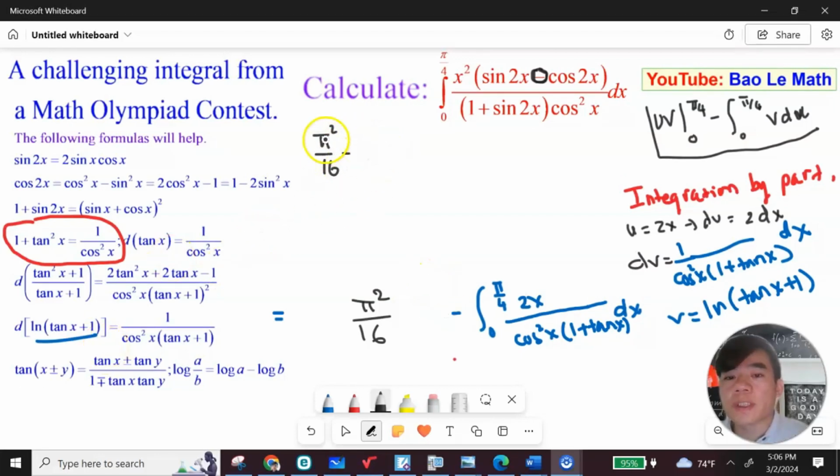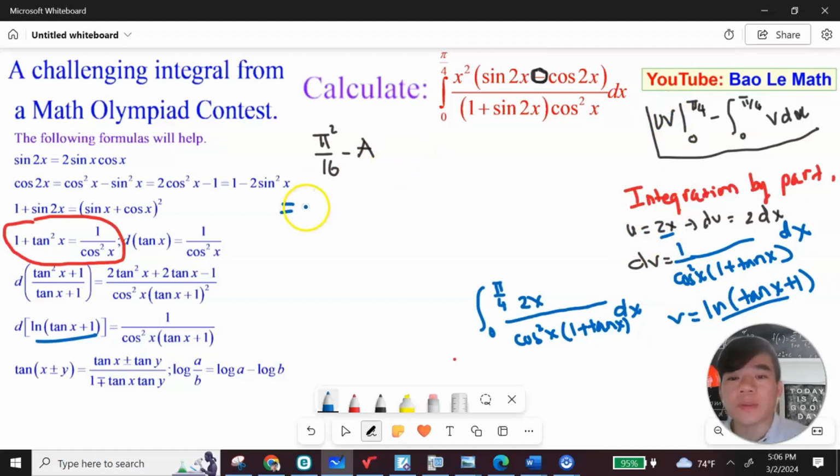Alright, so pi square over 16 minus 8, okay? A equals this guy right here. So I need to calculate this guy. A equals this guy. So that guy equals what? Okay, integration by parts. u equals 2s and v equals this one.